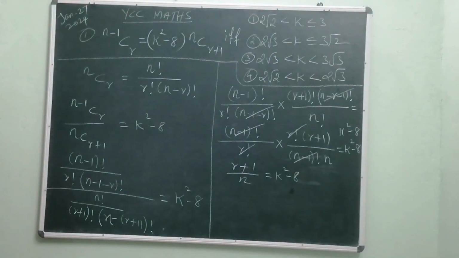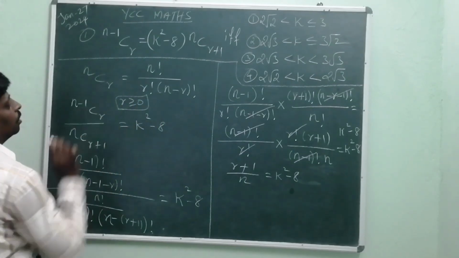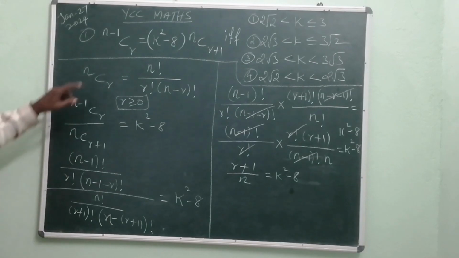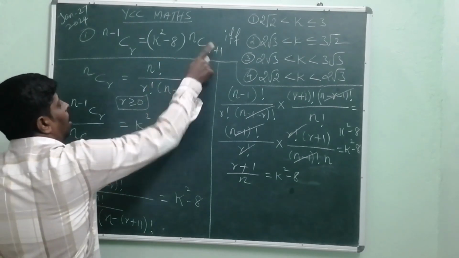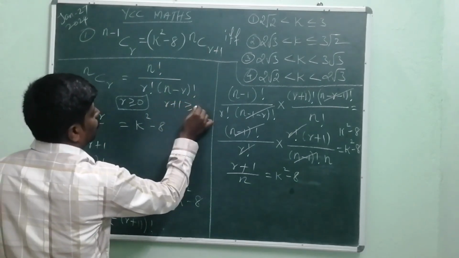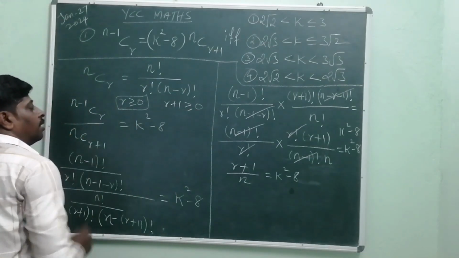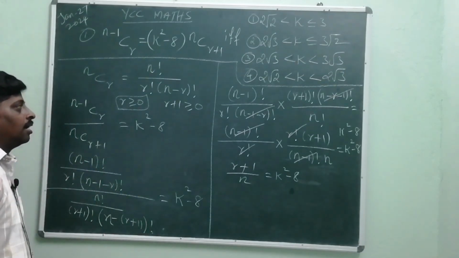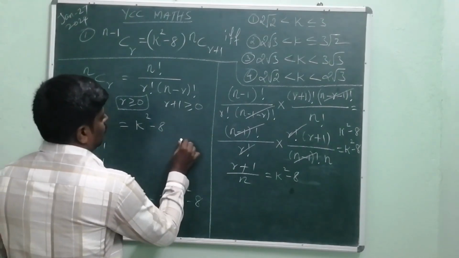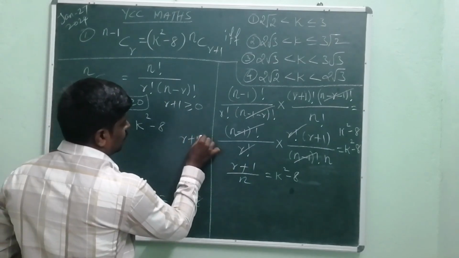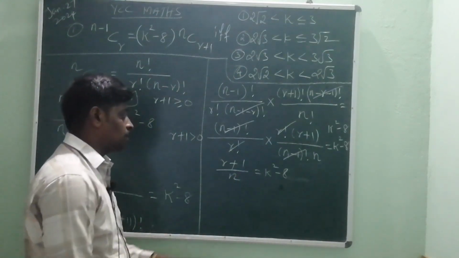First of all, by the formula, NCR means r is greater than or equal to 0. Here the problem is n minus 1 CR, so r is greater than or equal to 0, and r plus 1 is also greater than or equal to 0. Combining these two, r is greater than or equal to 0. Then r plus 1 is greater than 0, so r plus 1 by n is also greater than 0.